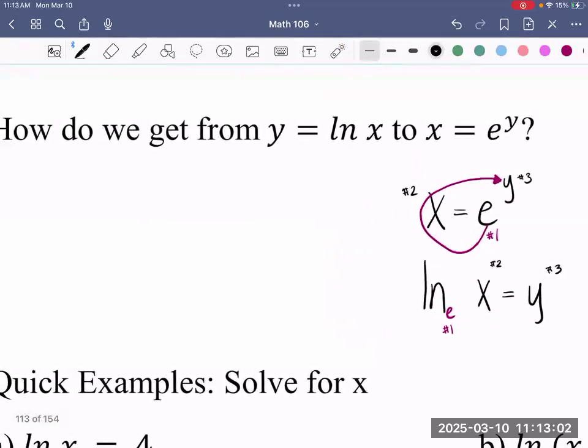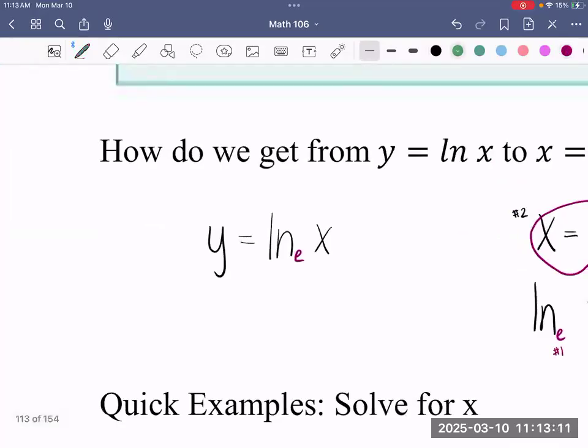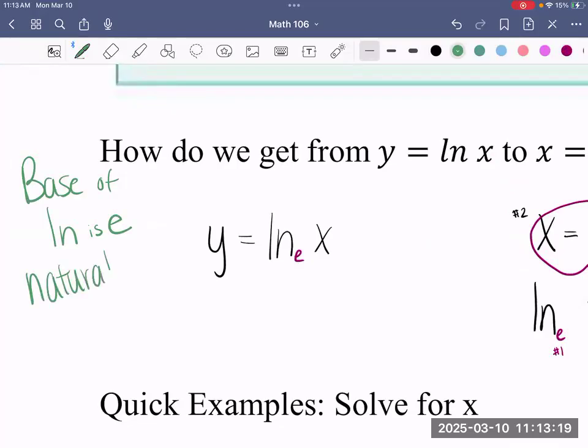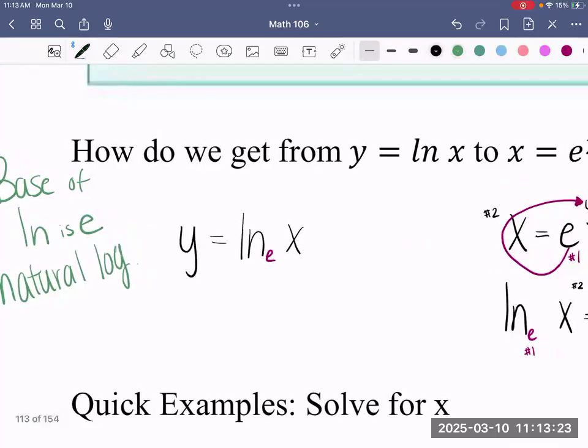Now, to go to the reverse of it, if you have y is equal to ln of x, we now know that the base of ln is e. And I'm going to write that over here. Base of ln is e. This is your natural log. So you start on your base, right? In this case, we're going to come up and around to y and then land on x.